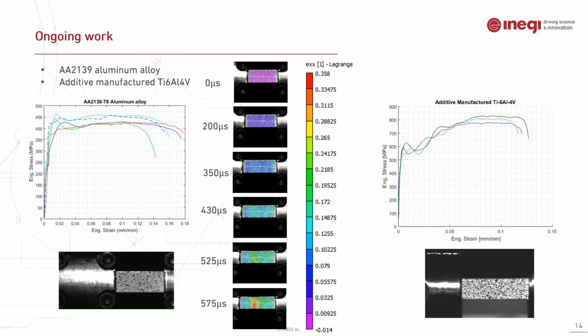In the case of additive manufactured titanium, the specimen is manufactured using selective laser melting, a type of additive manufacturing technique that conducts layer by layer fabrication of metallic powders. We're hoping to have a more in-depth study on this material, particularly studying the effects of residual stresses after manufacturing at various strain rates.